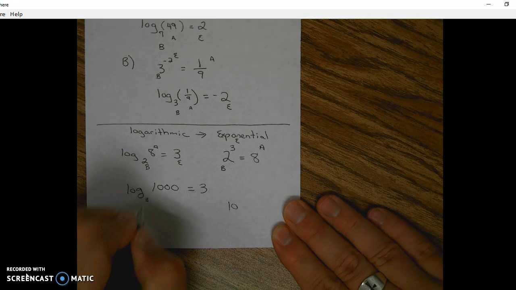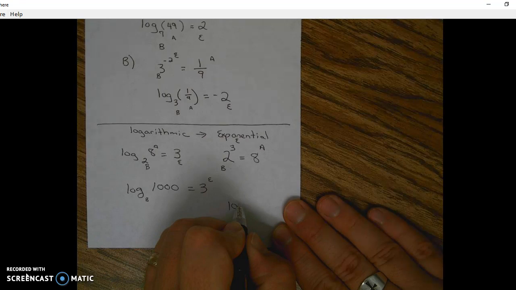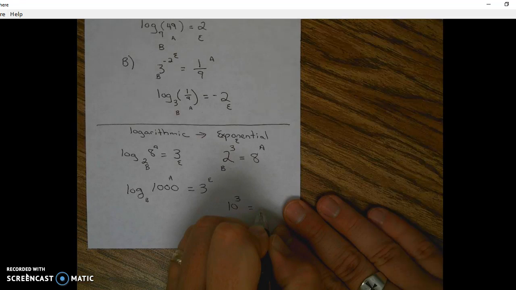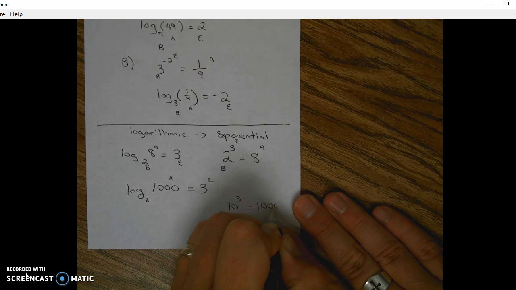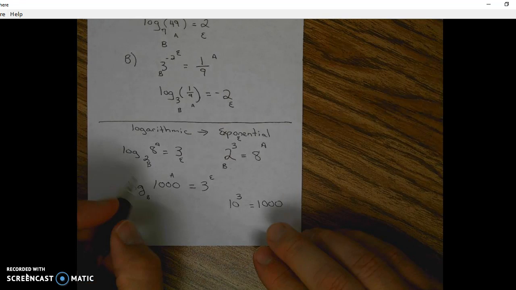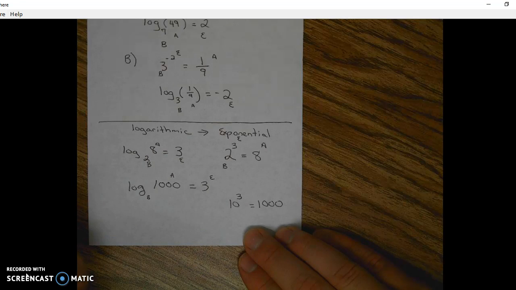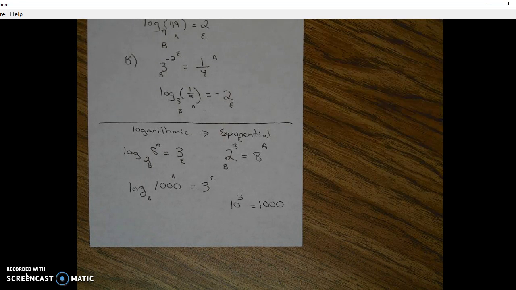So base, exponent, argument. So 10 to the third power equals 1,000. It goes in the circle. And that's how you change forms.